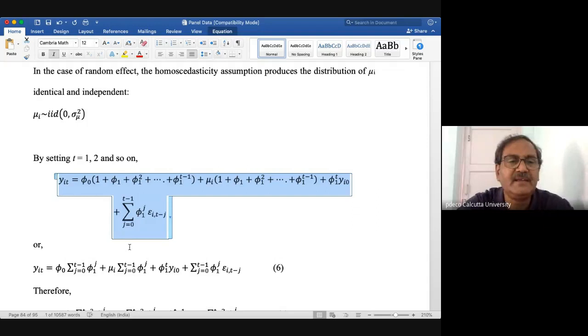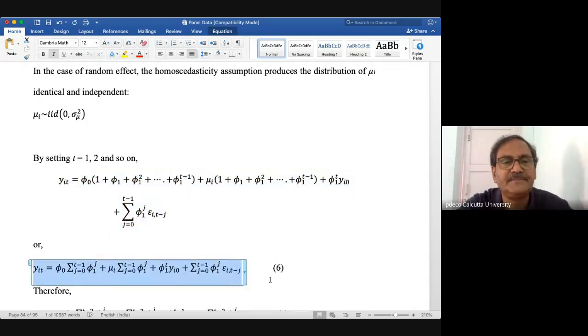Or you can write in more compact form in this way.